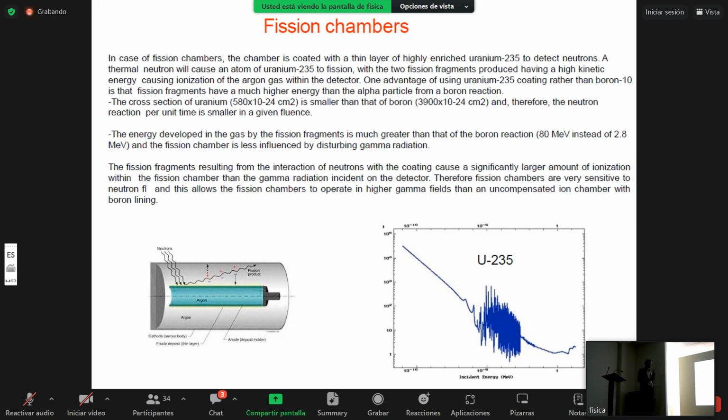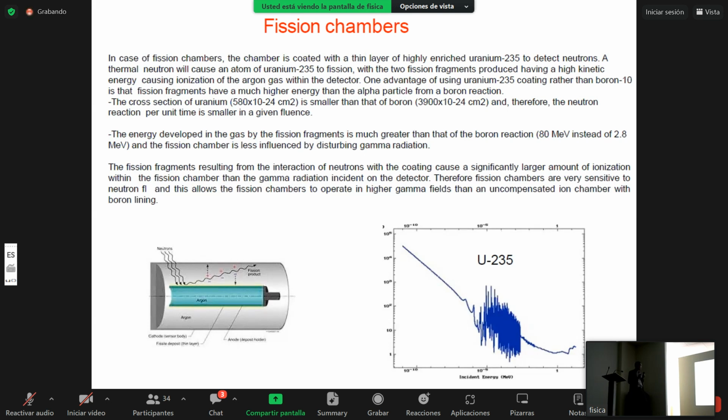So you have 80 MeV of deposited energy per particle, compared, for example, to 2.8 MeV with boron reactions. This allows you to get a significantly large amount of ionized electrons in your detector.